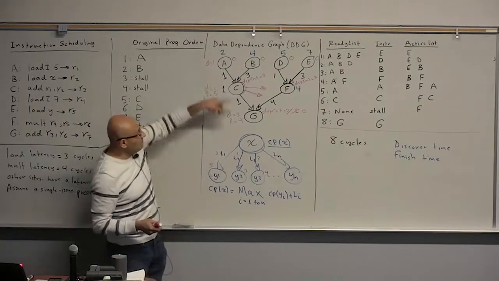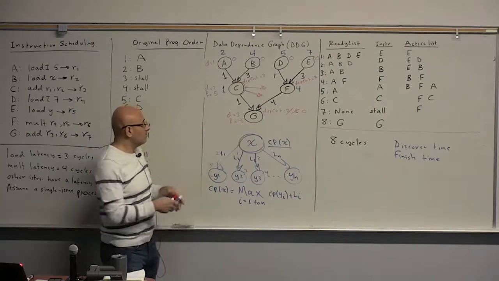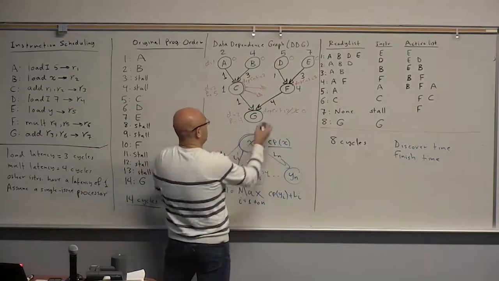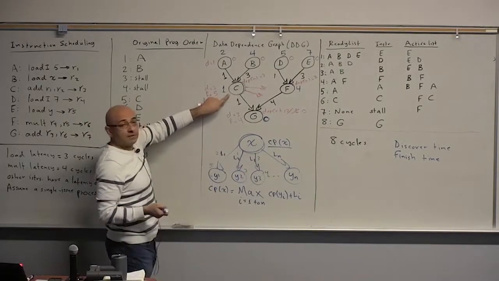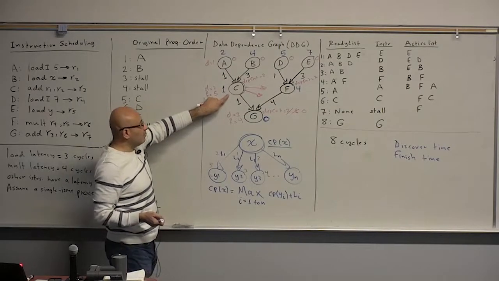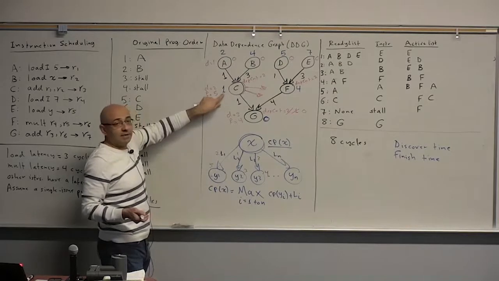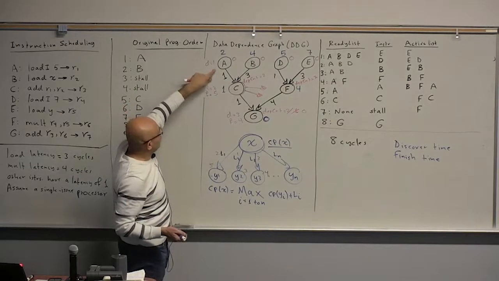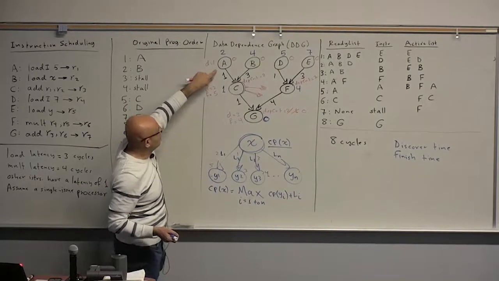So in this example, we first calculate the critical path of G as 0. Now C has only one neighbor, so it's the max of 1 plus 0, and there is nothing else. This gives us 1. And when we go to A, it's trivially 1 plus 1, which is 2.